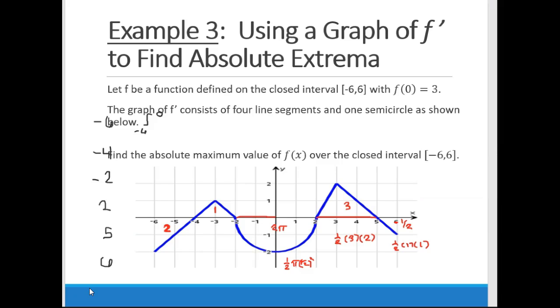So when you go over and you do your candidates test, all of these function points are going to matter because they're going to be your initial conditions. So I actually start my candidates test more in the middle, because I'm going to find the area from -2 to 0.